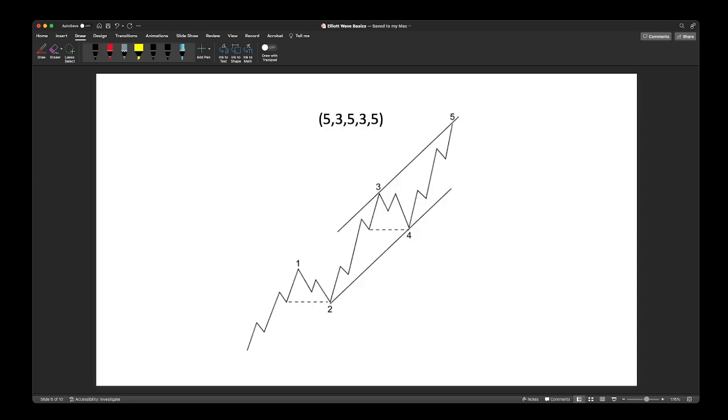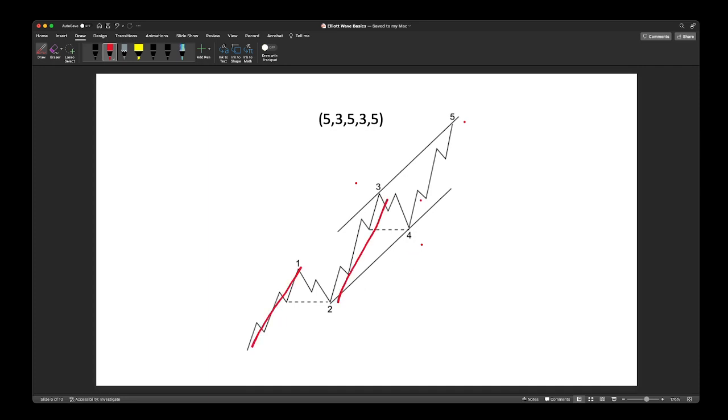Let's go back to the basic structure. What is this basic structure? We understand that it's made up of 5 waves: 1, 2, 3, 4, 5. It's 5 waves in total.